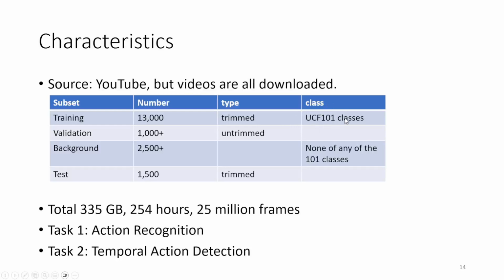UCF is the University of Central Florida, and the 101 means 101 sports actions. THUMOS 14 is derived from the UCF 101 dataset, so all of their classes are sports classes.